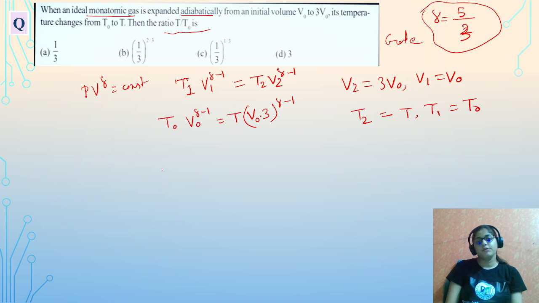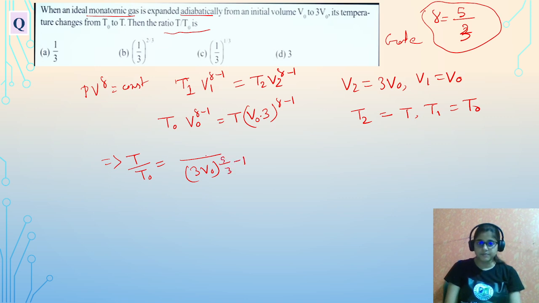Taking T by T0, the ratio is 3V0 to the power gamma minus 1, that is 5 by 3 minus 1, over V0 to the power 5 by 3 minus 1.